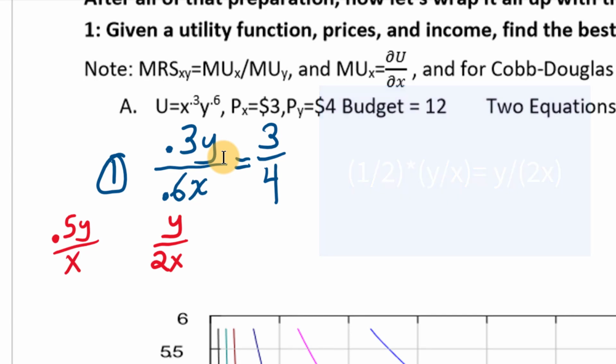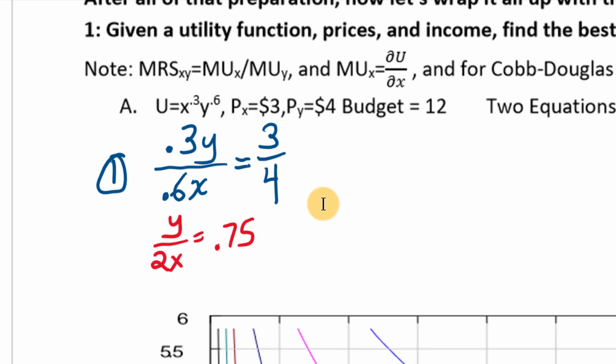Or we could just leave it the same. I'm going to write it as y over 2x because that's the way I like to look at it. That's kind of the simplest way to me. Equals 3/4. Or we might rewrite that 3/4 as the decimal equivalent, 0.75. All right, so that would be fine as well. Lots of options. You do the way that's simple for you.